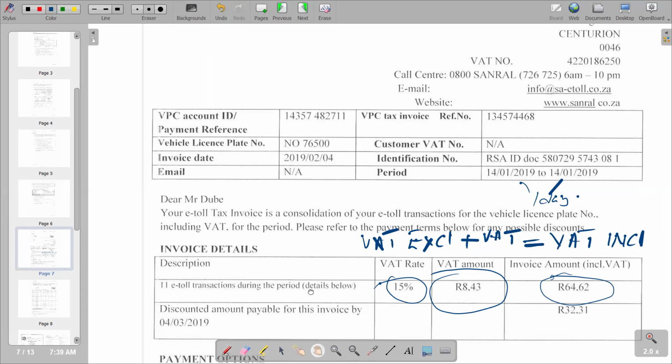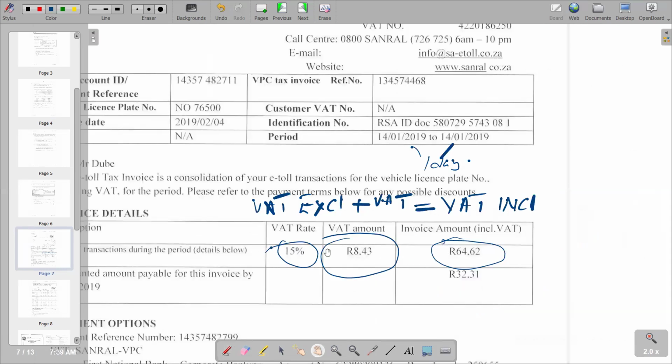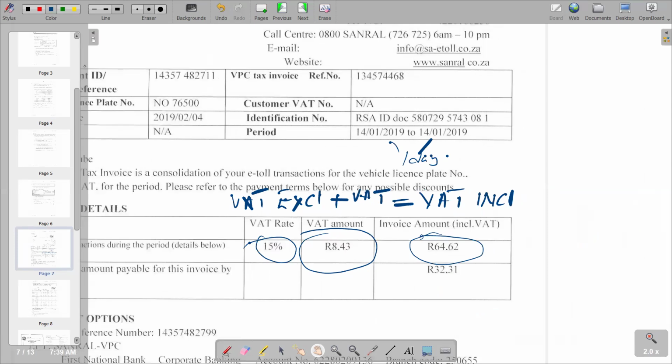So basically now, firstly, we have to find the VAT exclusive, and then we say 15% of VAT exclusive, and then we get your 8 Rand 43. Remember, the representation in terms of percentages is that the VAT exclusive is always 100%, and then we add the VAT amount, which is 15%, giving the VAT inclusive of 115%.